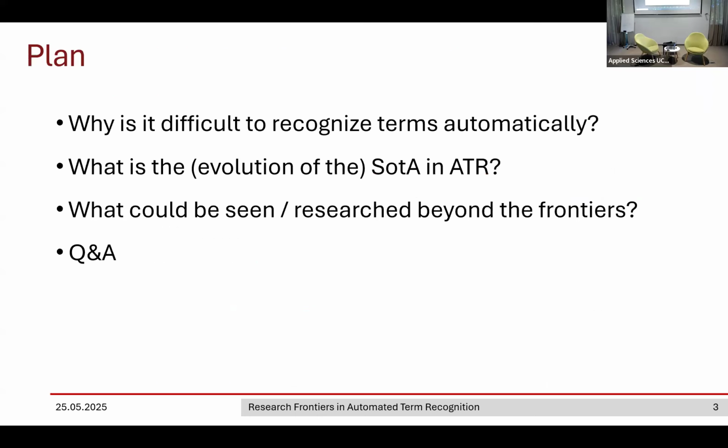My plan for this tutorial is to answer these three questions broadly. The first is about the difficulties, about the challenges. Why is it difficult to recognize terms automatically? Then, what has been happening over time, starting at the beginning of this millennium, and what was the evolution of the state of the art in automated term recognition?